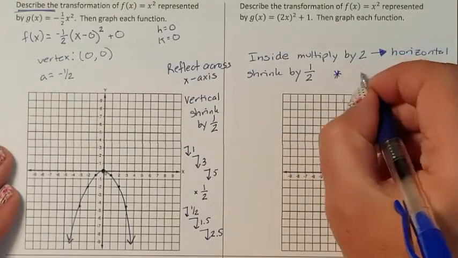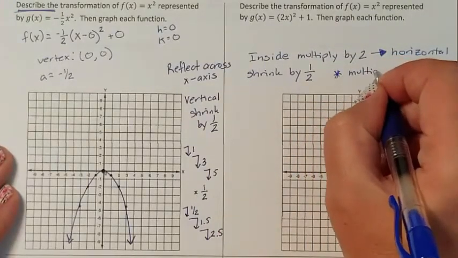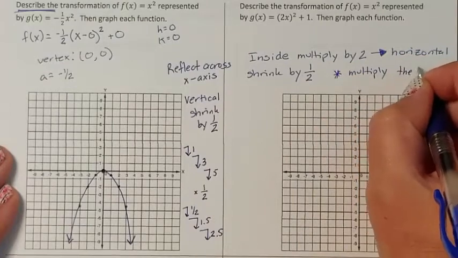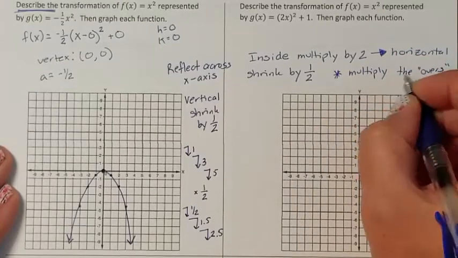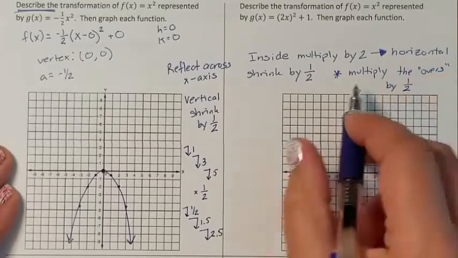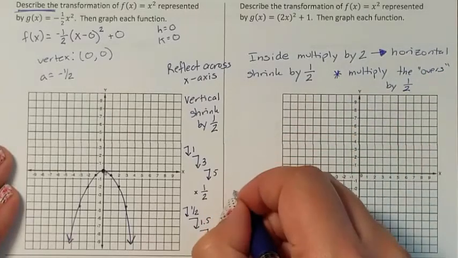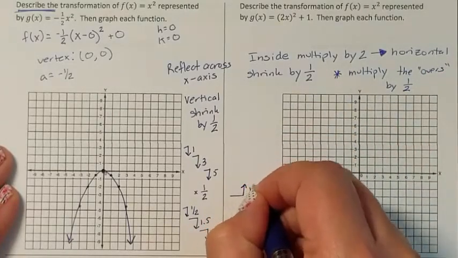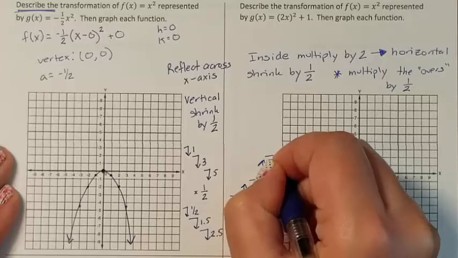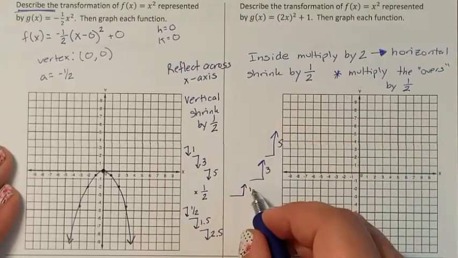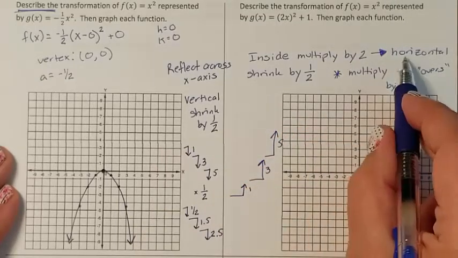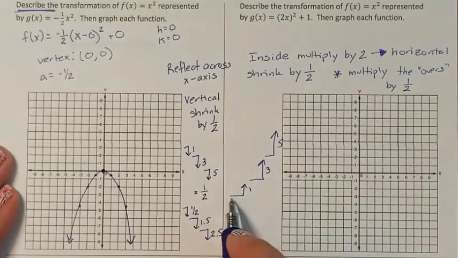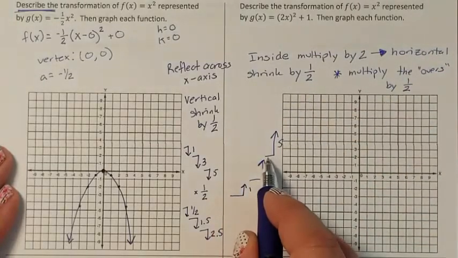So what does this mean? This means that we need to multiply the overs, the horizontal, by 1/2. So my verticals didn't change. My vertical is still up 1, up 3, up 5, because those are verticals. Those did not change. The horizontals changed. These overs were the horizontals.